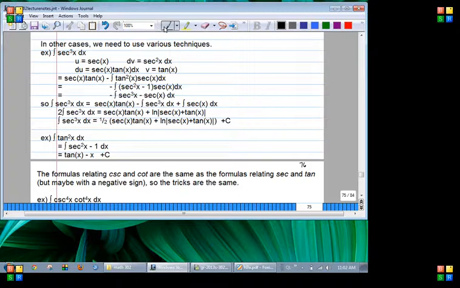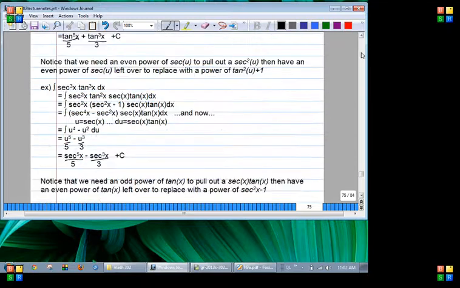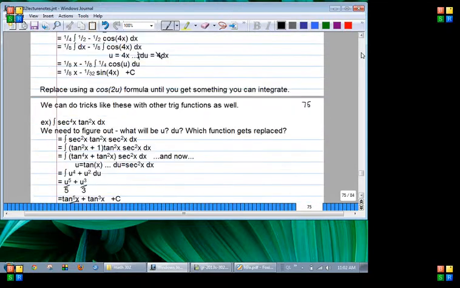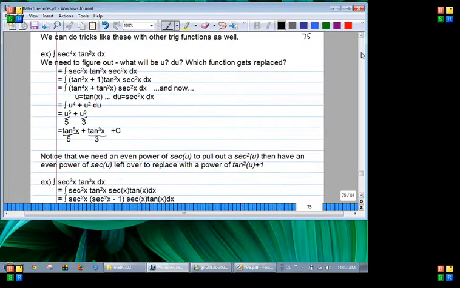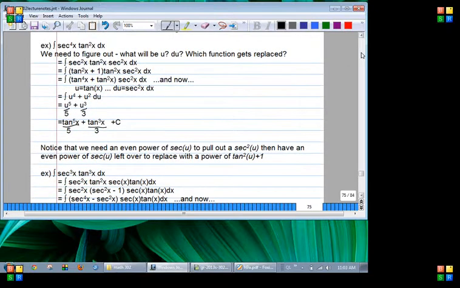Even powers. Do we like even powers of tan or even powers of secant? I think it was secant. Right. We like even powers of secant.